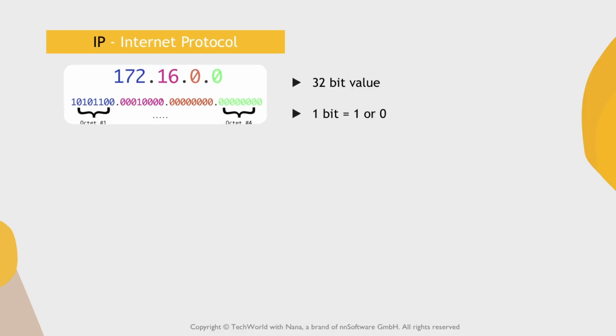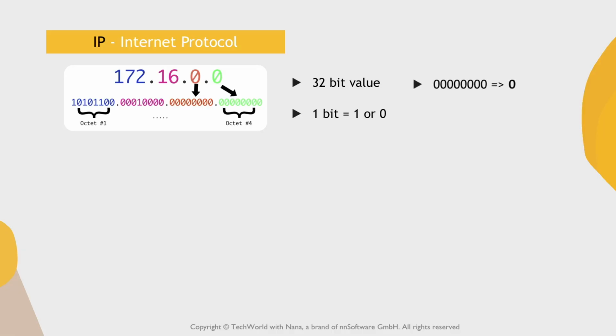Well, every 8 bits are grouped into an octet, and each octet can be represented as a decimal number that we humans can read. Like this octet here represents 172. This one represents 16, and so on. So octet with all zeros, so 8 zeros is just a 0.